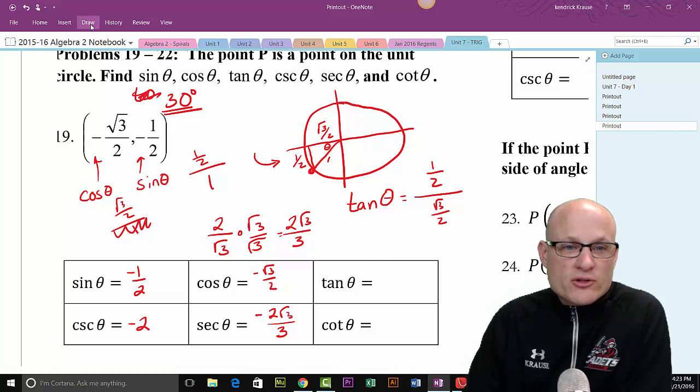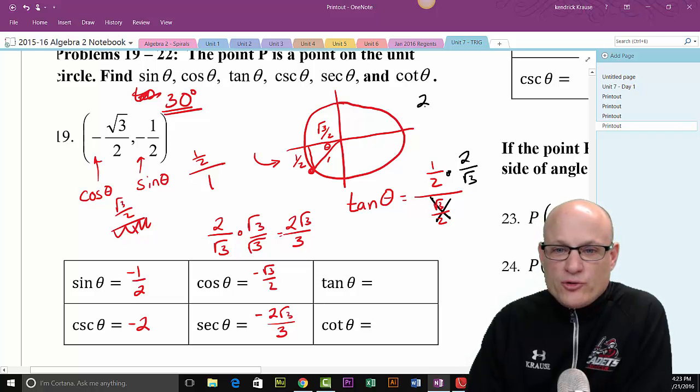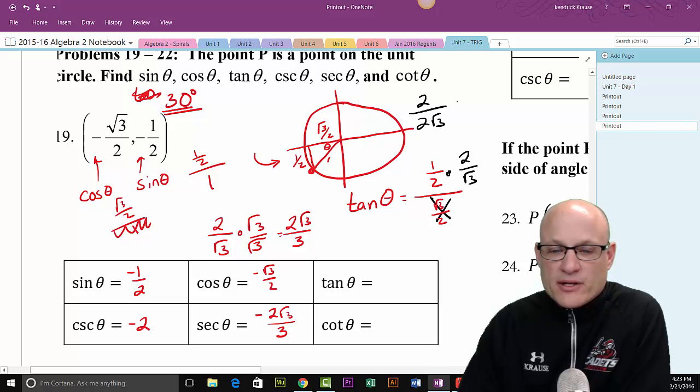Now what we're going to do is multiply by the reciprocal. Remember we're dividing, so we're going to multiply by its reciprocal, which is 2 over radical 3. Well, what I end up with is 2 over 2 radical 3. These 2's cancel, but I'll do it in a minute.